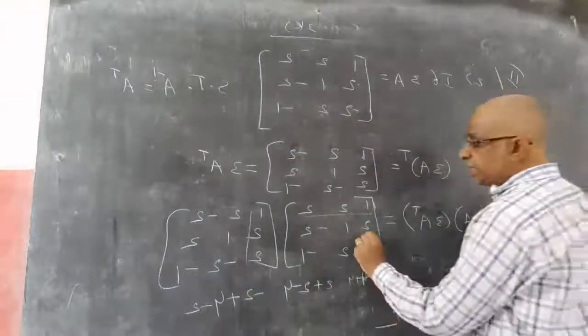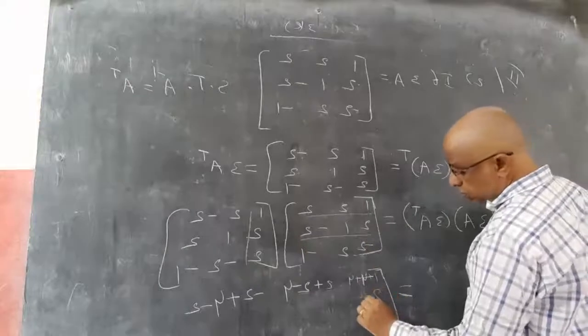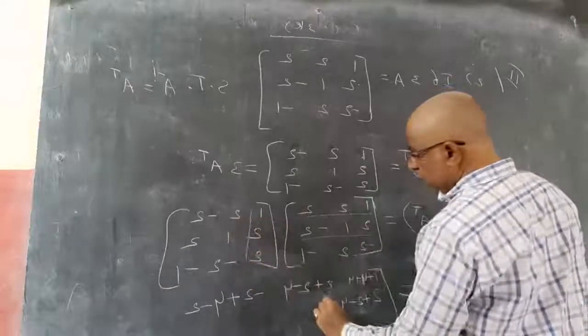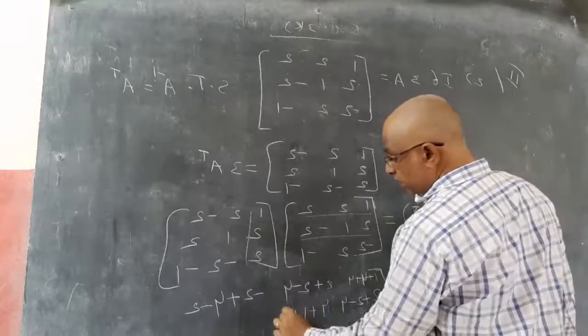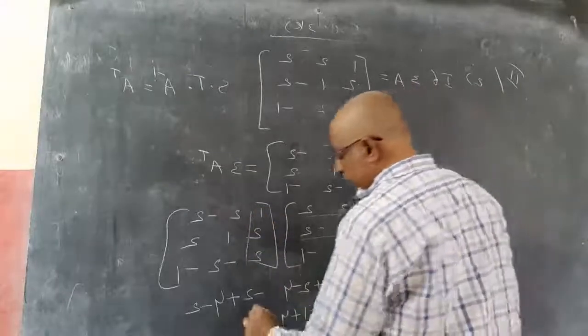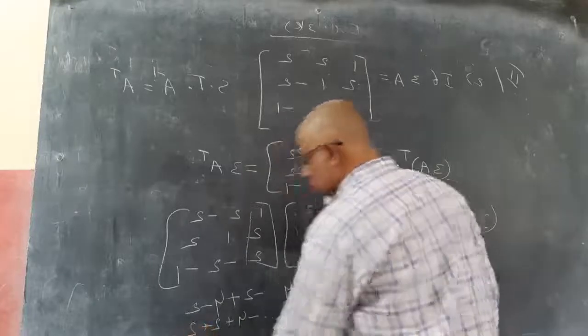Same for this element. Second row with first column: 2 plus 2, minus 4. Next, second row with second column: 4 plus 1 plus 4. Again, second row with third column: minus 4 plus 2 plus 2.